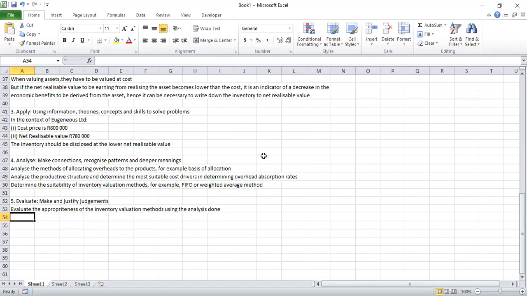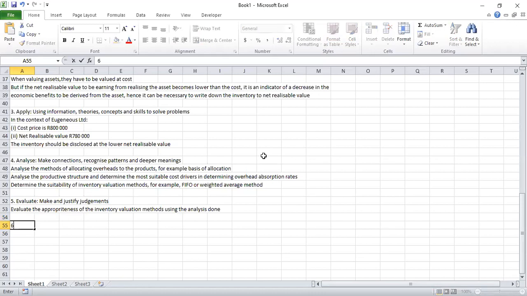And looking at the way in which inflation has been hitting and the fluctuations in the prices, the most reasonable way to value our inventory should be to use FIFO under the circumstances. So there might be a need to apply IAS 8 in changing the inventory valuation method from the weighted average method to the first in, first out method. So you are now evaluating and making conclusions from the analysis that you have done, so that you can see what is the best appropriate way to move forward.